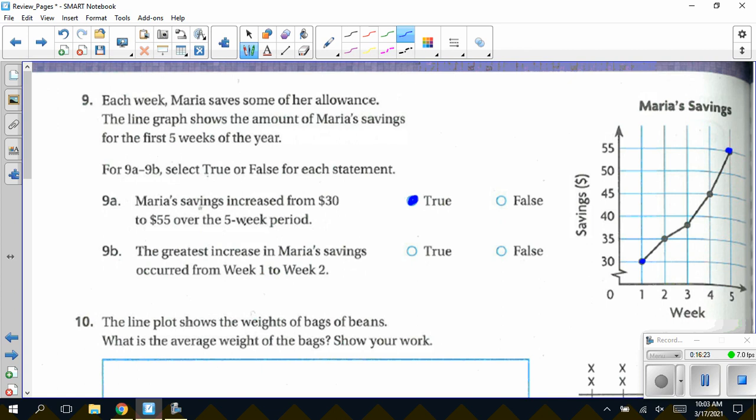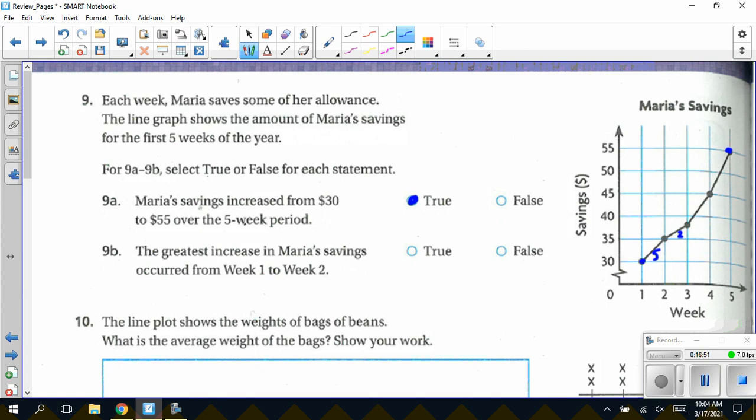For B, it says the greatest increase in Maria's savings occurred from weeks 1 and 2. Remember, we know that the longest, greatest slanted tilt is going to be the biggest earning. You can also easily figure that out. Between weeks 1 and 2, she only increased by $5. Between weeks 2 and 3, it looks more like about $2 to $3 that she increased.